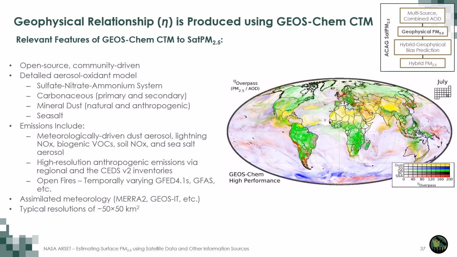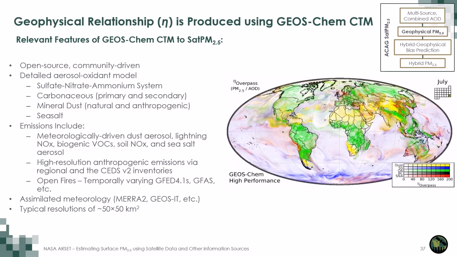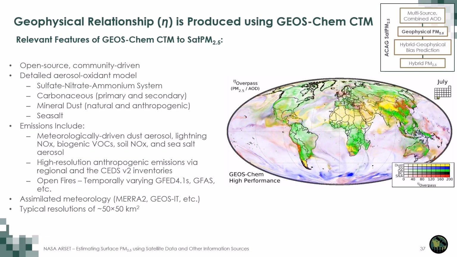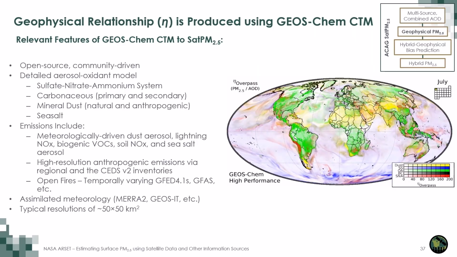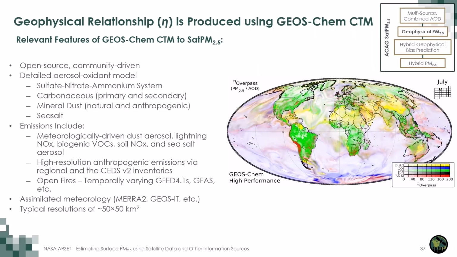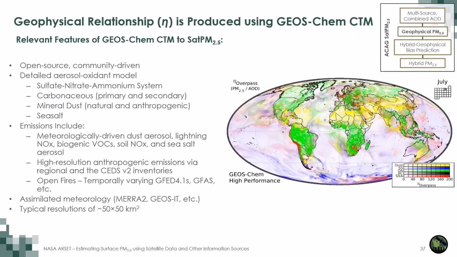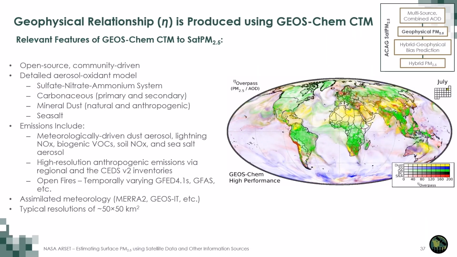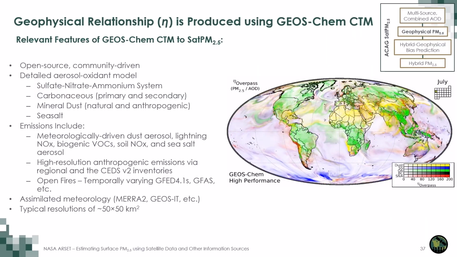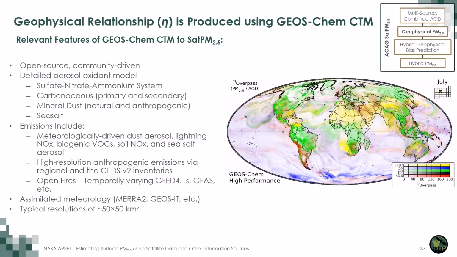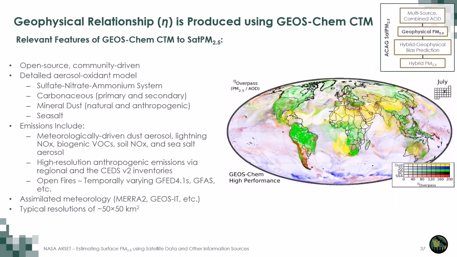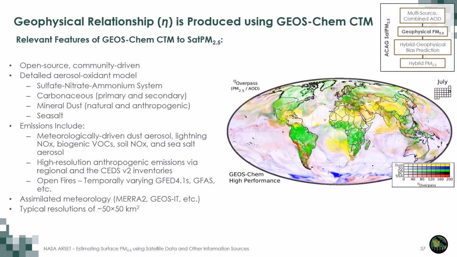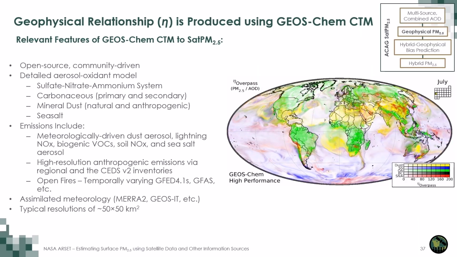Emissions are up to date, and include meteorologically driven sources such as mineral dust and biogenic VOCs, as well as high-resolution anthropogenic inventories such as CEDS. Lastly, biomass burning is informed using satellite observations using inventories such as GFAS and GFED. The whole system is driven using assimilated meteorology with variable resolution, but in our case, we typically run at about 50 kilometers.